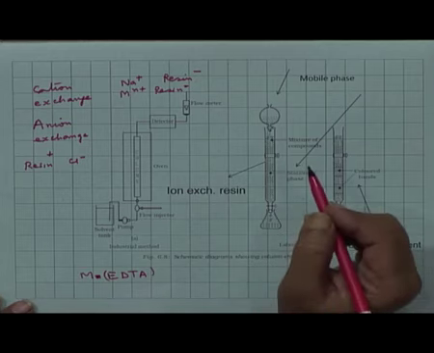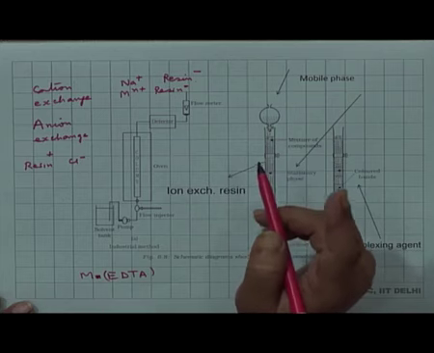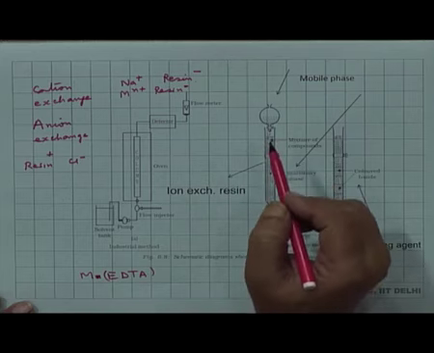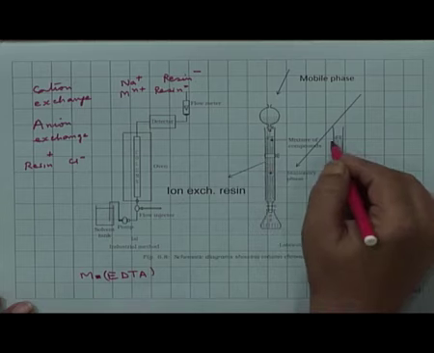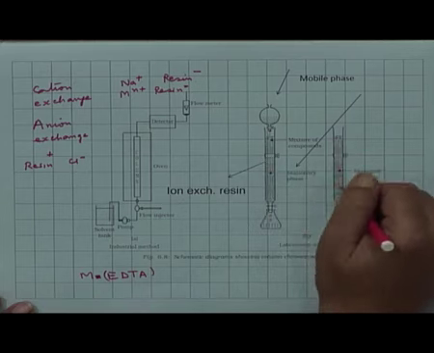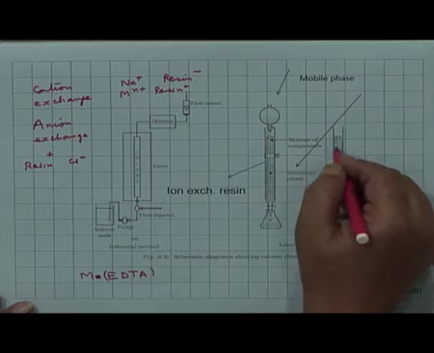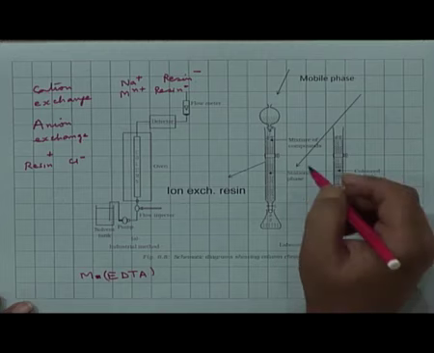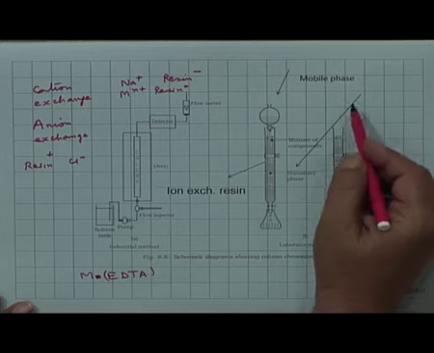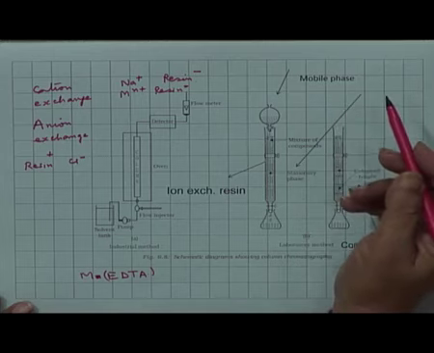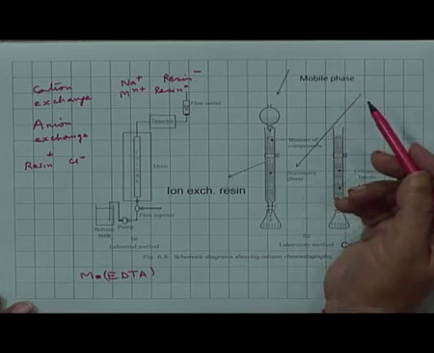Now, in this chromatography there are basically two phases: one is the mobile phase, another is the stationary phase. In this example, the stationary phase is ion exchange resin. If we are using an adsorbent, then the stationary phase is the adsorbent. The mobile phase is the EDTA solution which I have demonstrated, or it can be any other solution, or a gas, or another liquid.